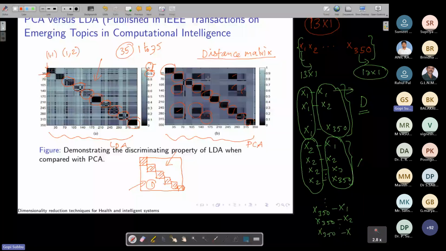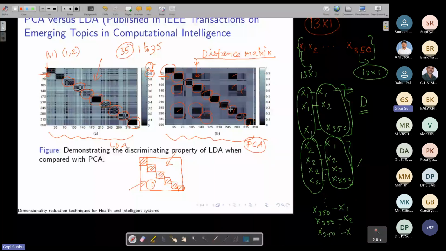What it really means is that the second class and the fourth class are very close. So if I give an input from the second class, there is a chance it may say it belongs to the fourth class. Error will come into existence. So in classification, the performance of the data projected using PCA is not good.